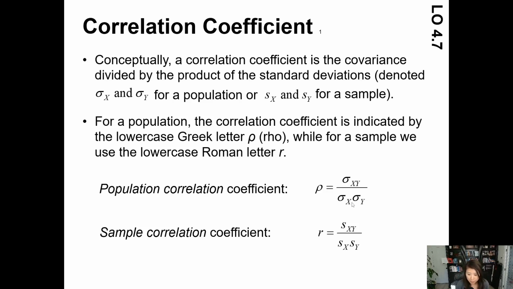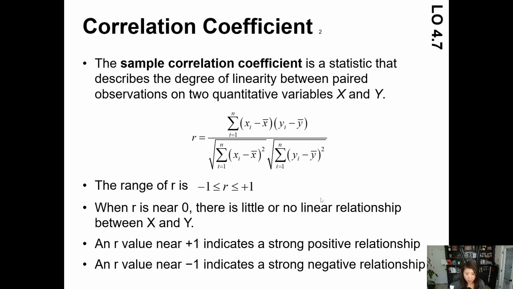And the denominator is two separate standard deviations: the x standard deviation times the y standard deviation. So the numerator is covariance and the denominator is the standard deviation of x times the standard deviation of y. By structure, this ratio gives us what is called the correlation coefficient.